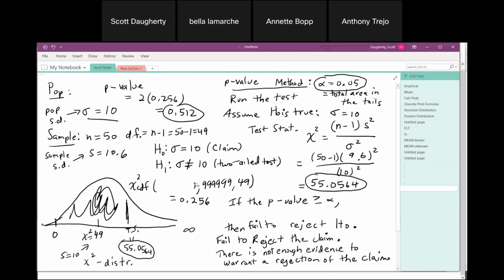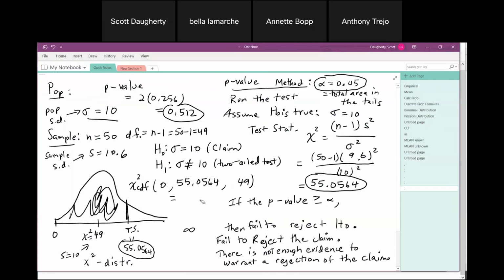when you put this into the chi-squared function in the calculator, you would start at 0, right? Because that's the left chi-square value. It starts off at 0. So you'd find the area between 0 and 55.0564. If you mistakenly did it that way, which is wrong, then the amount of area you're going to get in here is going to be much larger.